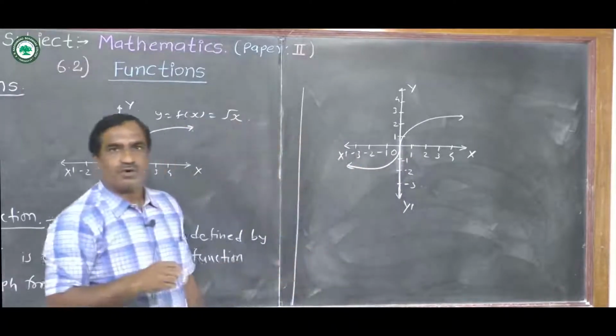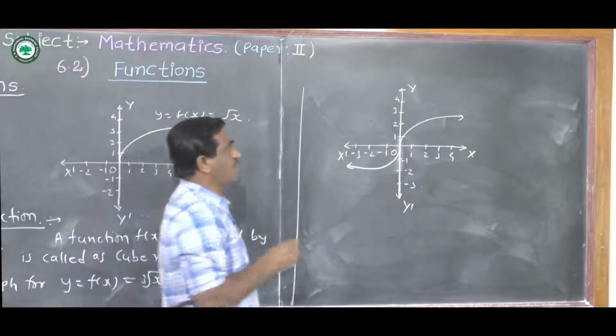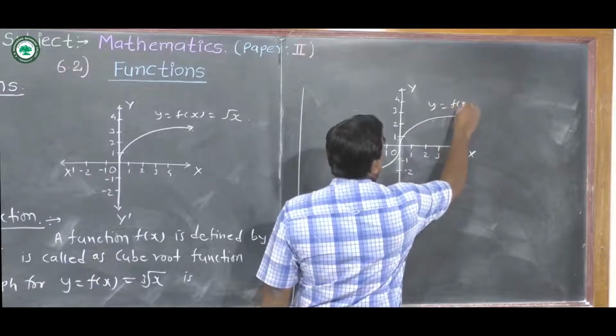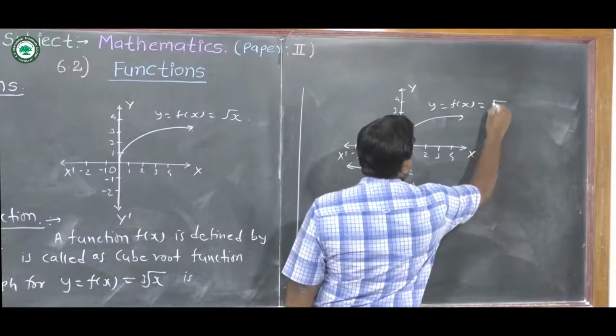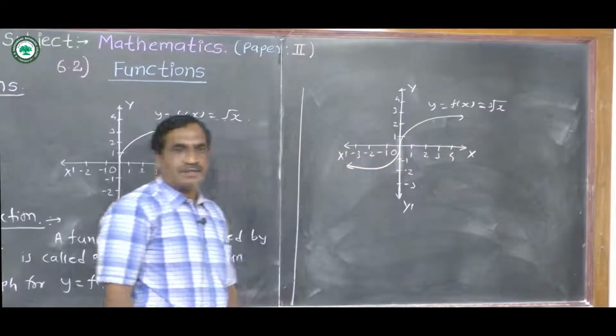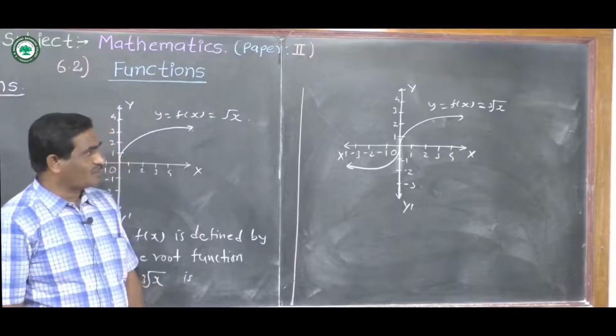This is the graph for the cube root function, that is the equation for this curve y is equal to f of x is equal to cube root of x. Okay, this is the graph for cube root function.